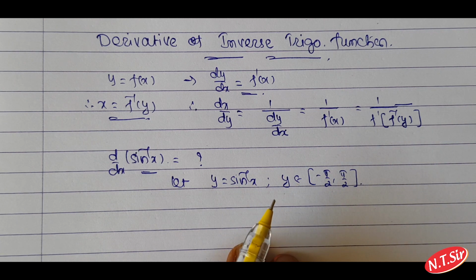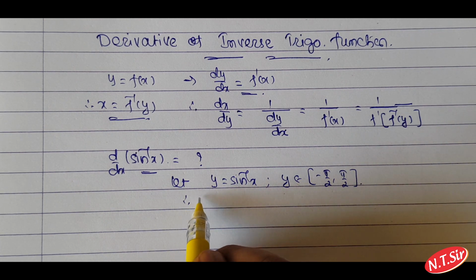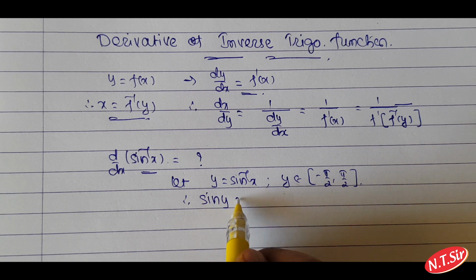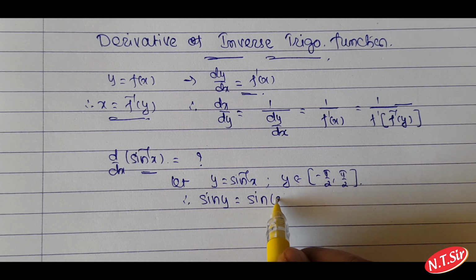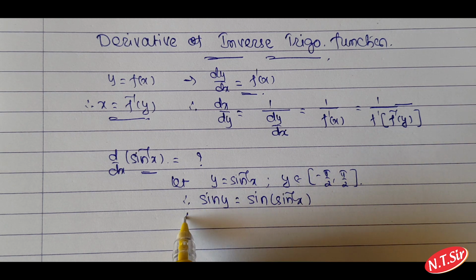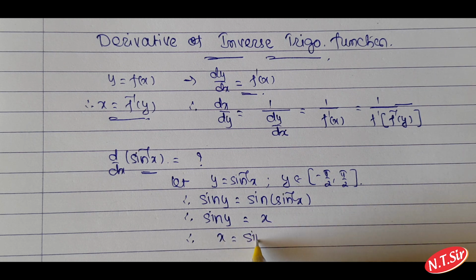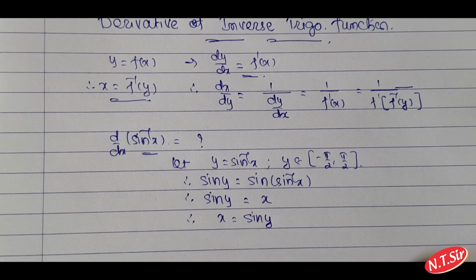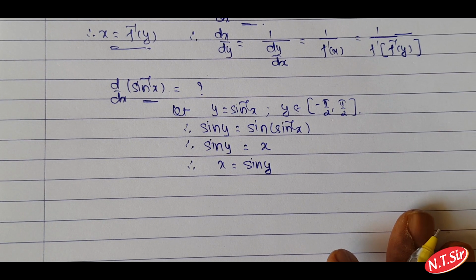Multiplying both sides by the sine function, sine y is equal to sine of sine inverse x, and as you know, sine of sine inverse x is x. So sine y is equal to x, that is, x is equal to sine y.